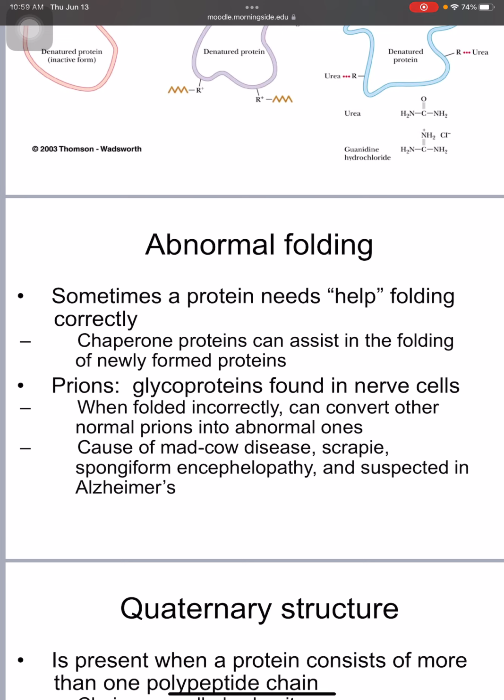You may have heard of something called mad cow disease. If you haven't, look it up. It's a disease in cows that happens whenever they have abnormally folded prions. They act very, very erratically, don't function very well in their thought process, their activities, their motor functions, etc. Right?